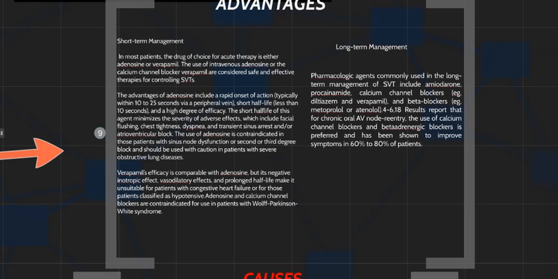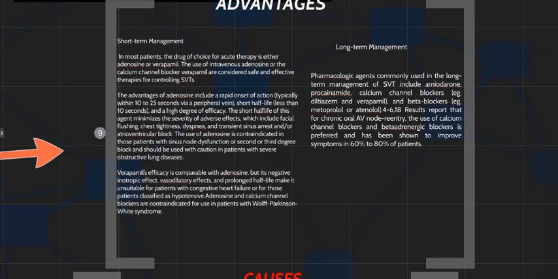For long-term management, the pharmacologic agents commonly used in the long-term management of supraventricular tachycardia include amiodarone, procainamide, calcium channel blockers such as diltiazem and verapamil, and beta blockers such as metoprolol or atenolol.